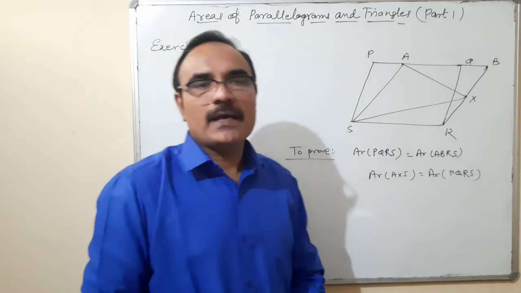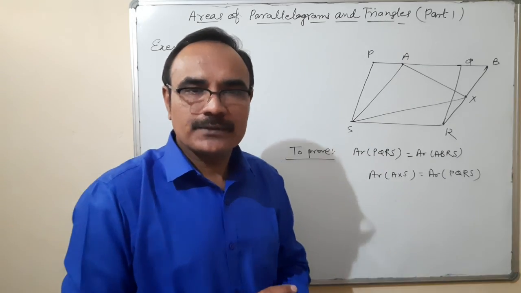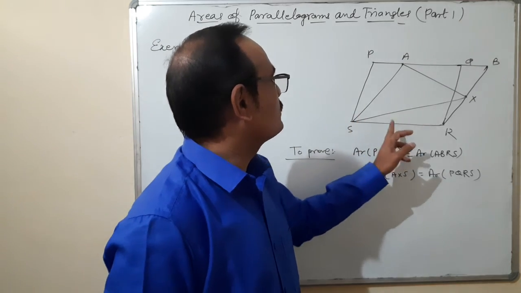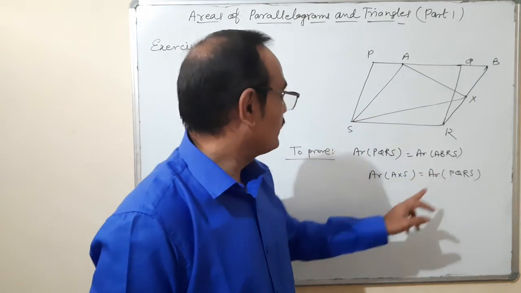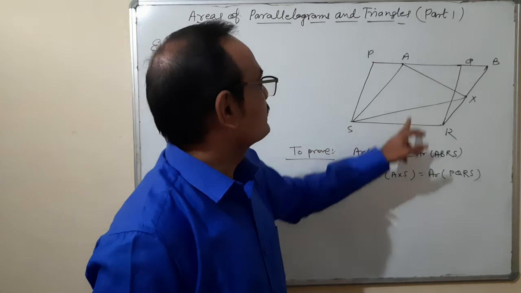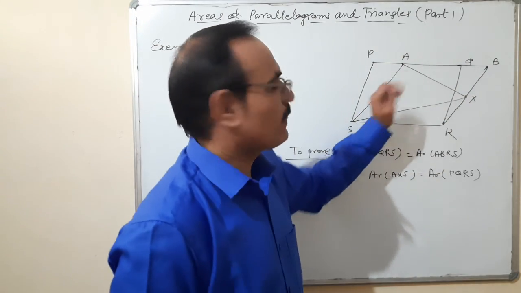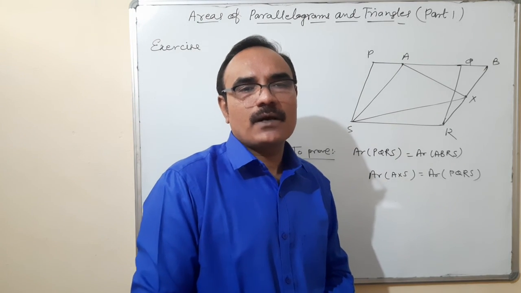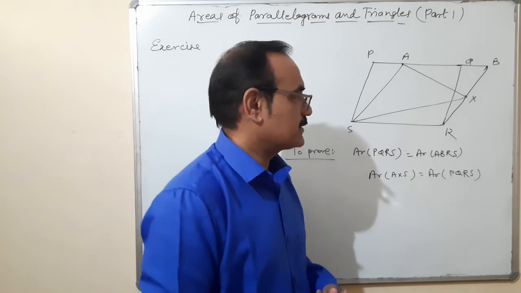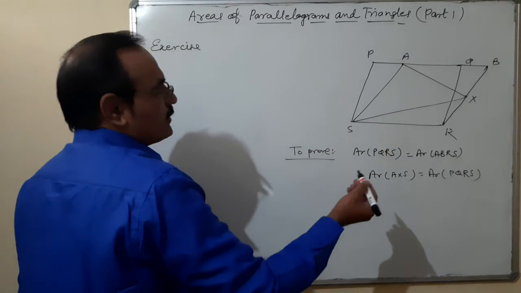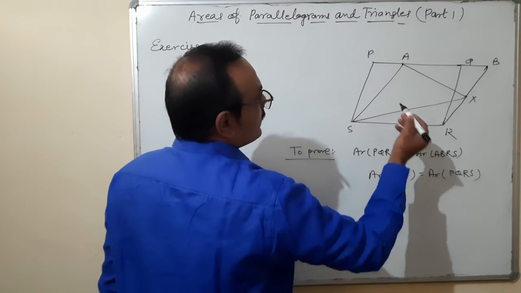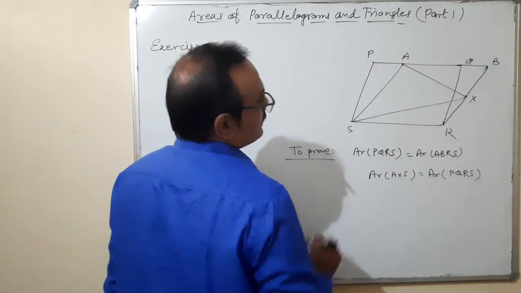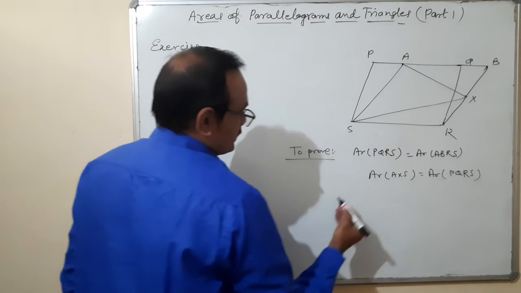Okay. Already by theorem 9.1, direct result you can put: ABRS is equal to PQRS. Direct result you can put. Now area of AXS. So this is the second theorem: the area of a triangle is half of the area of a parallelogram if they are on the same base and between the same parallels. Okay. So here first I am proving PQRS and ABRS. So a construction is required.